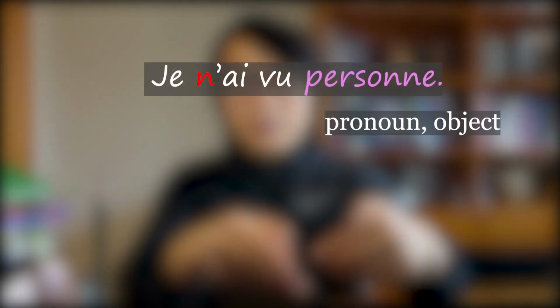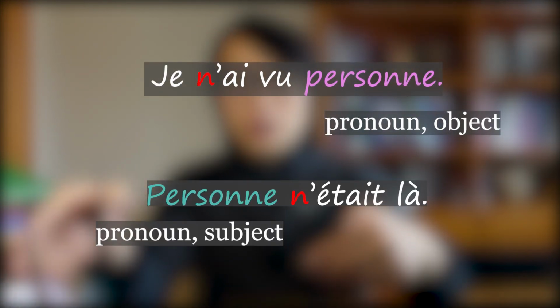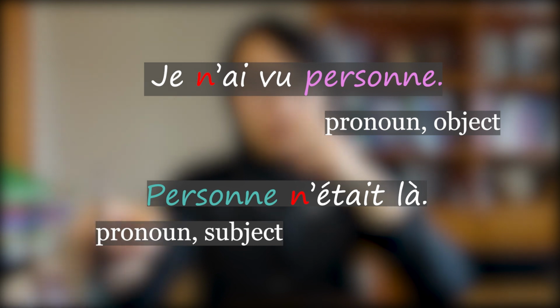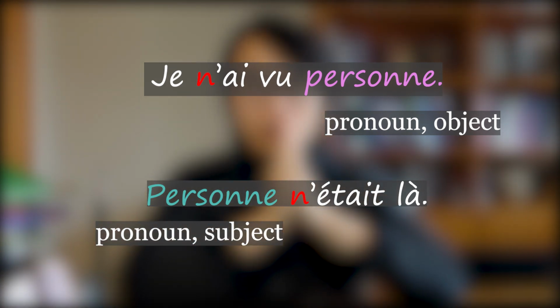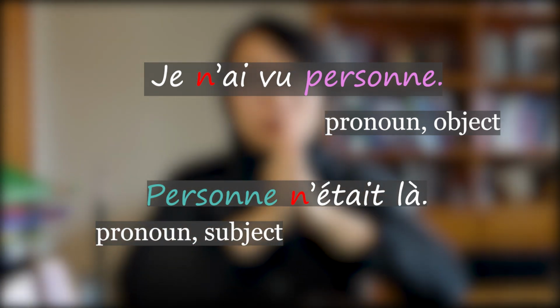So it doesn't have to be ne personne. It could be personne, ne, plus verb, plus do something. Let me make a simple example. For example, no one was there. Personne n'était là. So it's like I didn't see anyone, je n'ai vu personne, and no one was there, personne n'était là. So that's the thing I forgot to bring up in the previous revision.